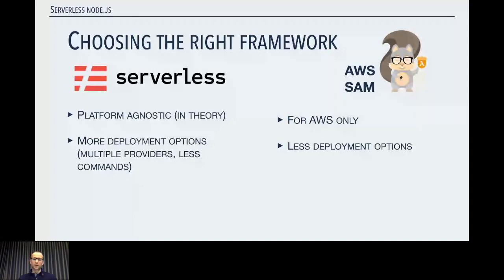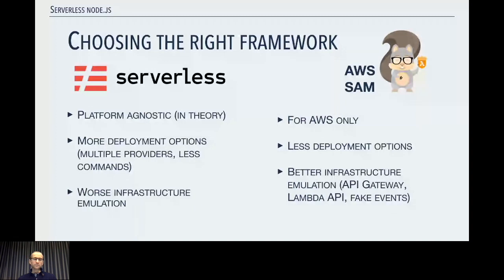And with serverless framework, actually, it has quite worse infrastructure emulation. You know, it supports multiple providers. So if you'd like to emulate something locally, you need to find a plugin for that. And it's worse because, you know, it's just a plugin with some local emulation without the whole infrastructure.